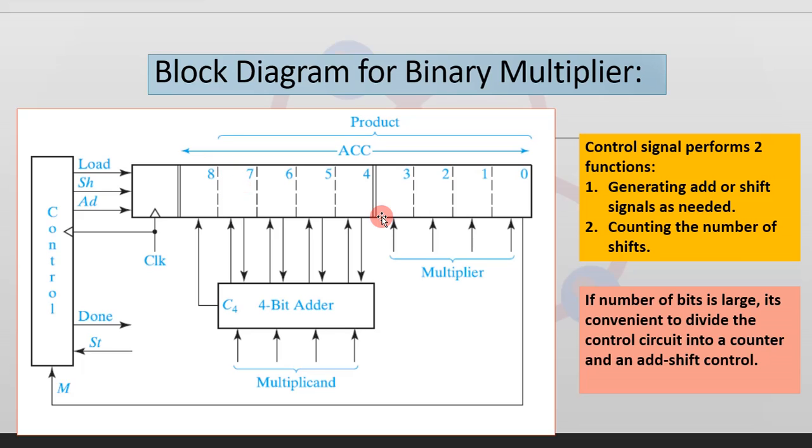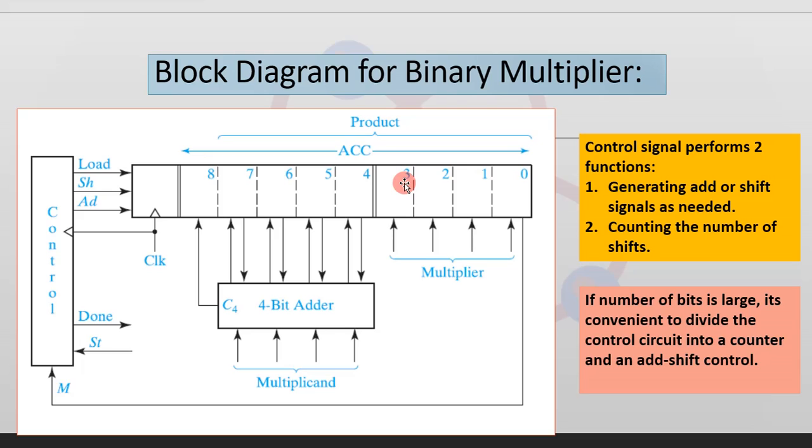Because the lower 4 bits of the product register are initially unused, we will store the multiplier in this location, that is bits 0, 1, 2 and 3, instead of a separate register.